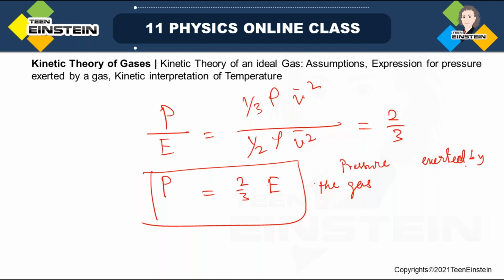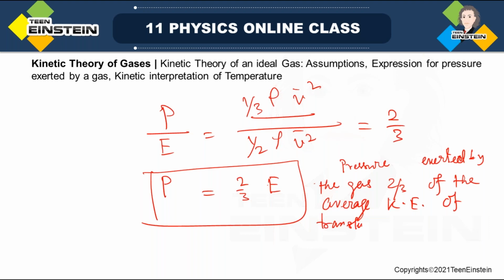The pressure exerted by the gas will be two-thirds of the average kinetic energy of translation per unit volume.